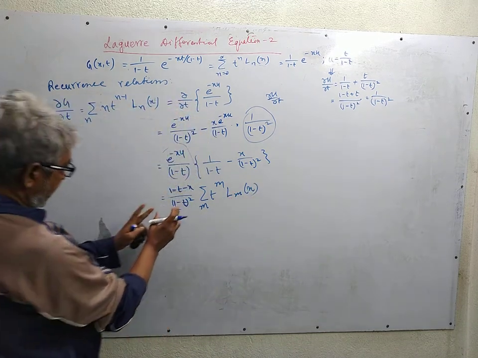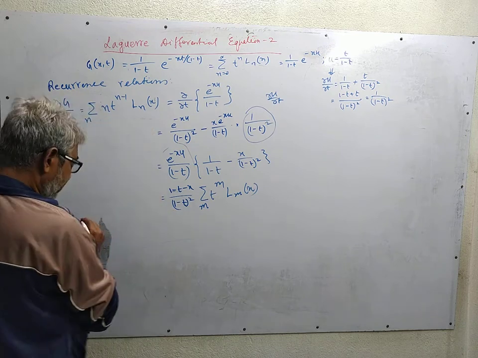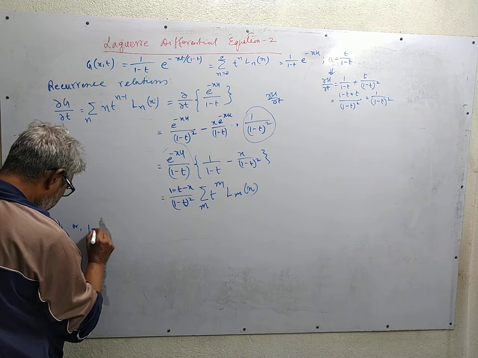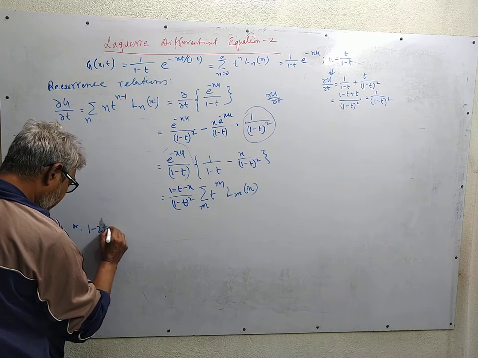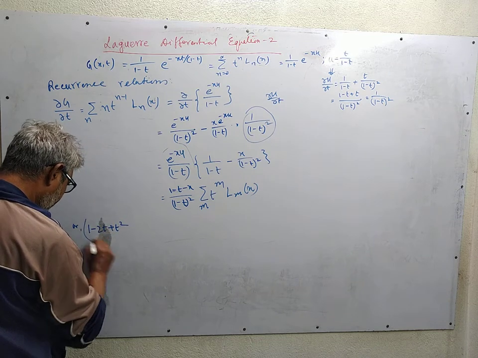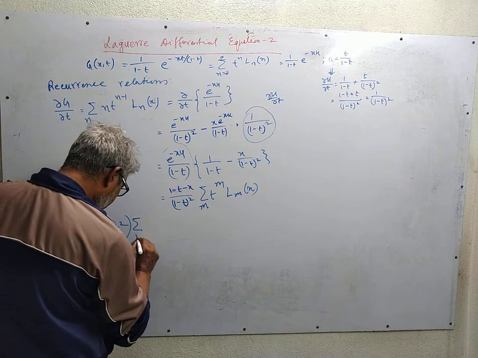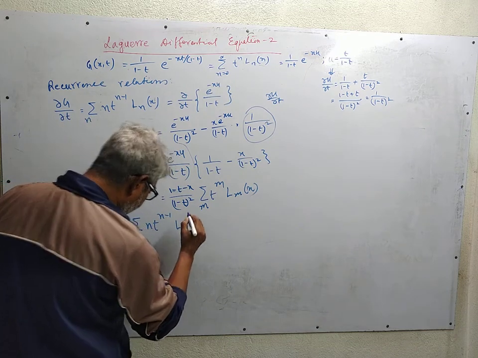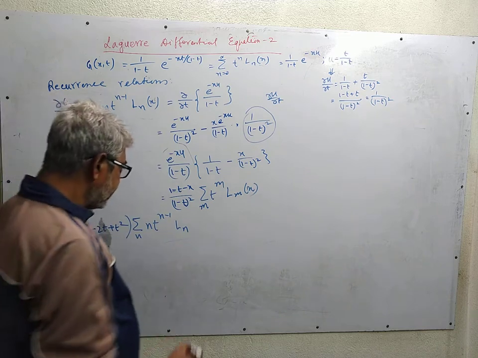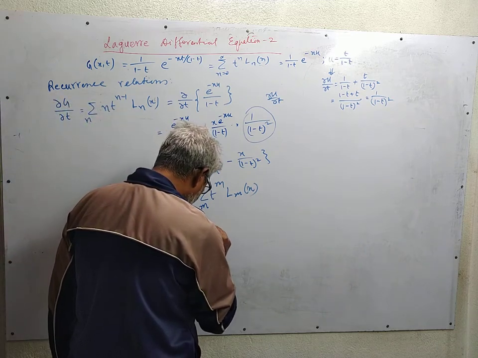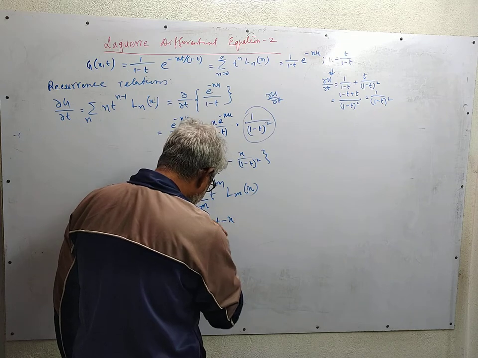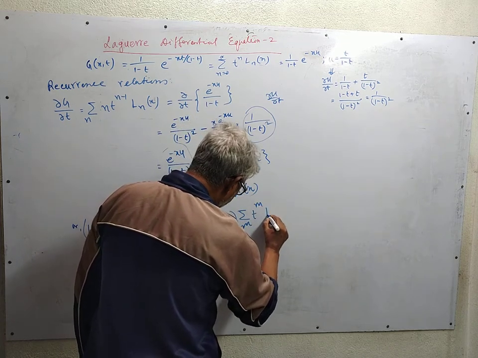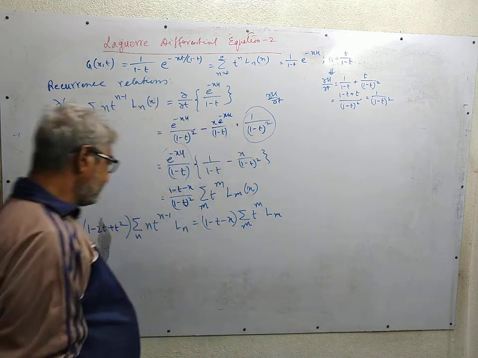If we multiply this with this, we get 1 minus 2t plus t square summation over n t to the power n minus 1 Ln of x. I am not writing the argument. And on the right hand side 1 minus t minus x summation over m t to the power m Lm of x.